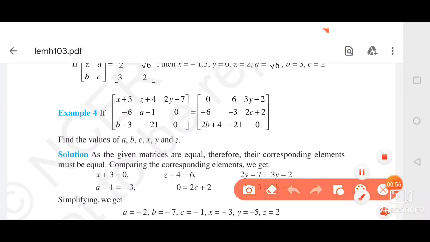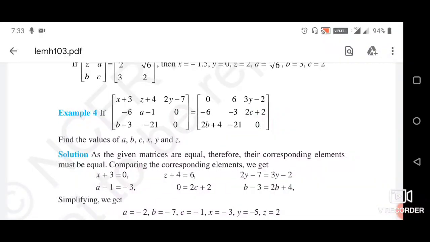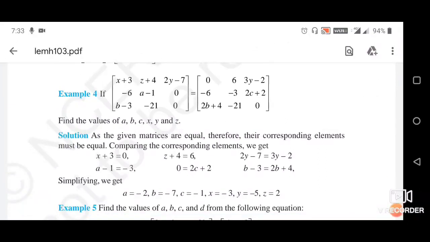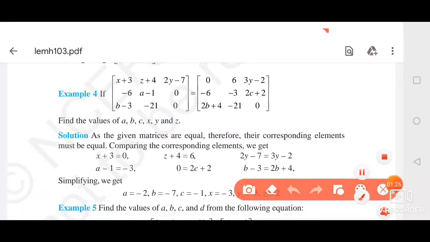From the elements z plus 4 and 6, we can find the value of z, which is 2. From the elements 2y minus 7 and 3y minus 2, we can find y is equal to minus 5. Now look at the elements minus 6, minus 21 and 0.